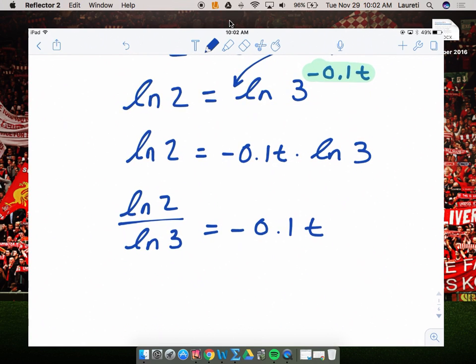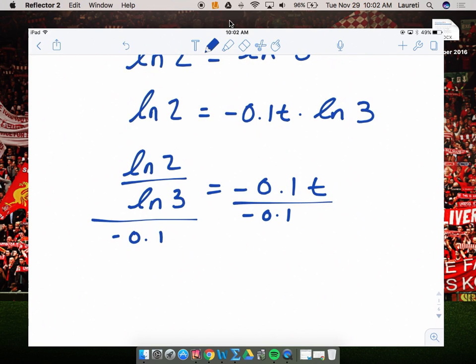Okay. And then the last thing would be to what? Now, if you are dividing by negative 0.1, what are you really multiplying by?